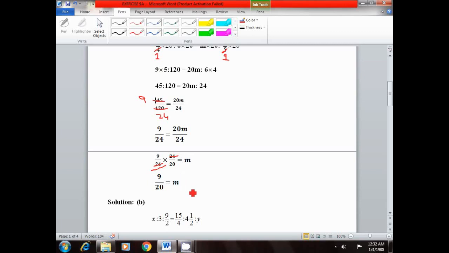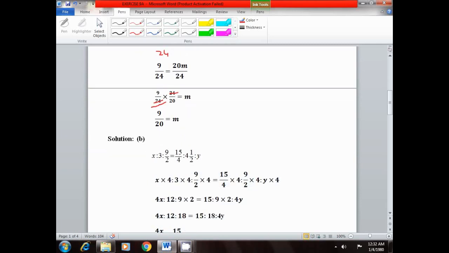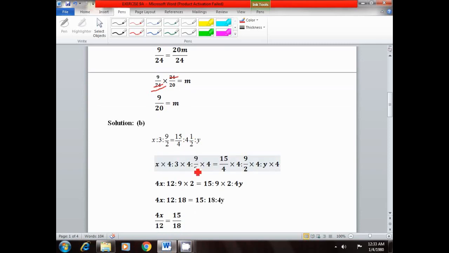Second part of this question: x : 3 : 9/2 = 15/4 : 4 1/2 : y. First of all, we will remove the denominators.